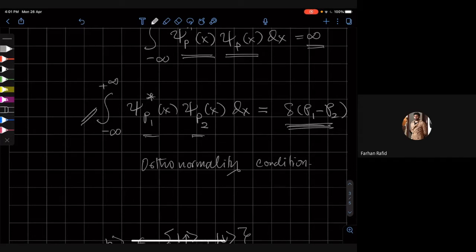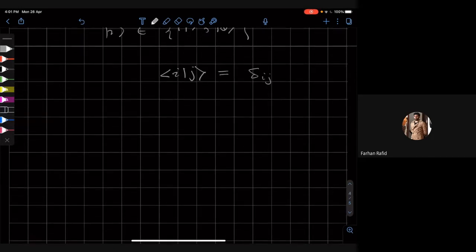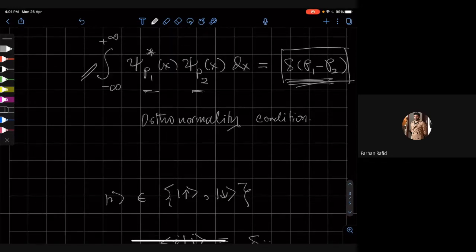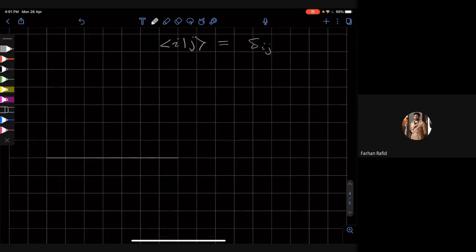I'm assuming that all of you have seen the Dirac delta function. If you haven't seen it, it's not really a function, it's a distribution. It's like that poem from Sukumar Ray, which begins with Dash Guru Guru Noy. Although this is called a function, it's not actually a function, it's a distribution.